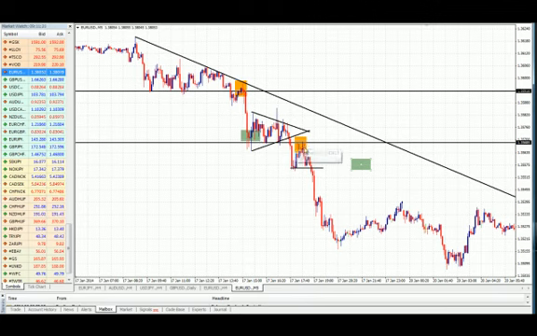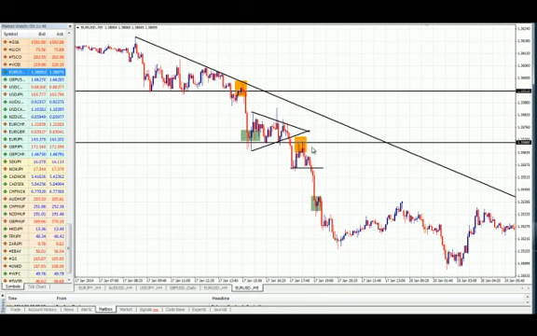Then it came back and retested support as resistance, and when this candle closes below this low, we have another entry and another signal to buy puts on this currency pair, and 1, 2, 3, we would have ended up in the money again with a very conservative entry, and of course a high probability entry.